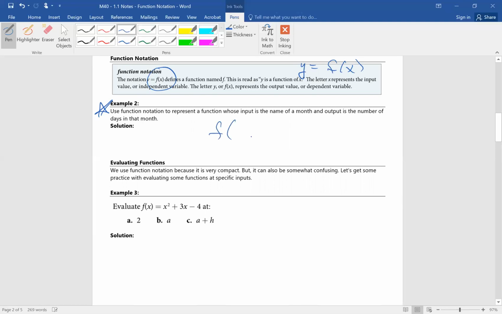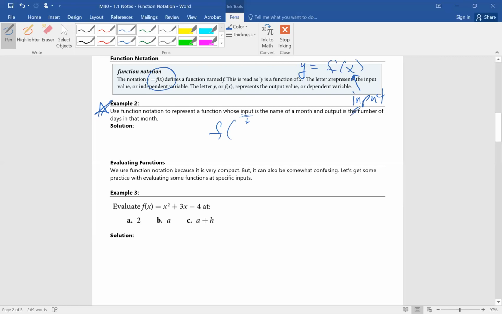So there's my function, and the input has to go, I always say, inside the parentheses. The input is always the independent variable. It doesn't always have to be x, but the independent variable goes inside the parentheses, and it all starts with in: inside, input, independent variable. Input starts with the in.